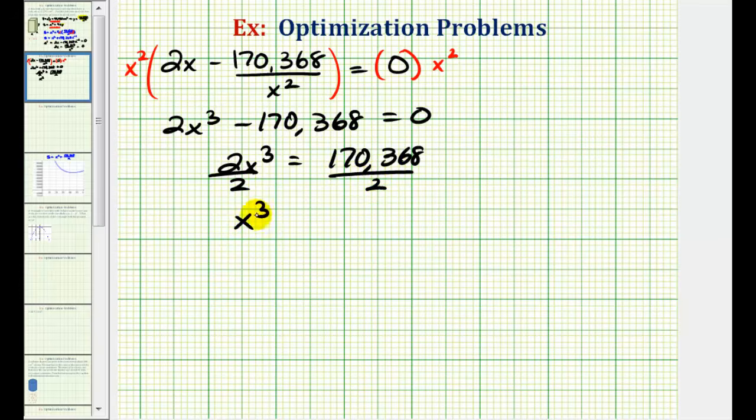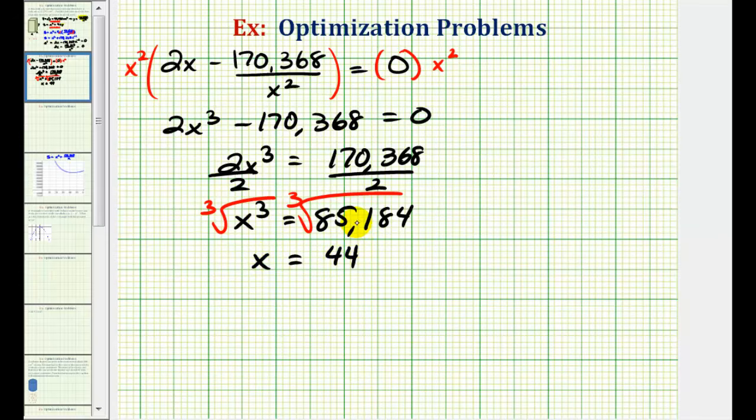So we have x cubed equals 85,184. And now we'll cube root both sides in order to solve for x. This comes out nicely to x equals 44. So we only have one critical number, so we probably would be correct to assume this x value will minimize the surface area formula. To be completely sure, let's use the second derivative test.